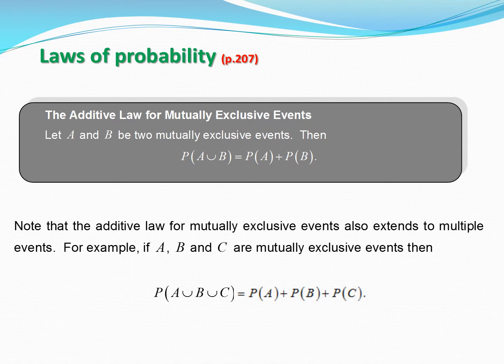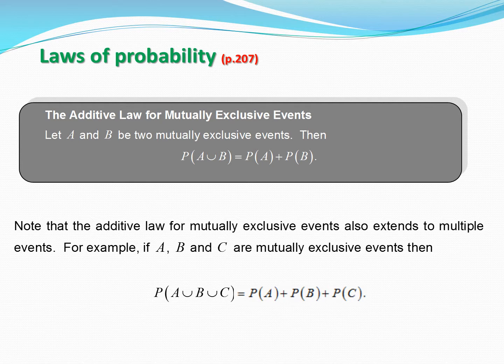The laws of probability are given on page 207, and the first law is the additive law, and the additive law is applicable to mutually exclusive events. If you think back of part 1, we said mutually exclusive events are events that cannot happen at the same time, so they will have no outcomes in common.